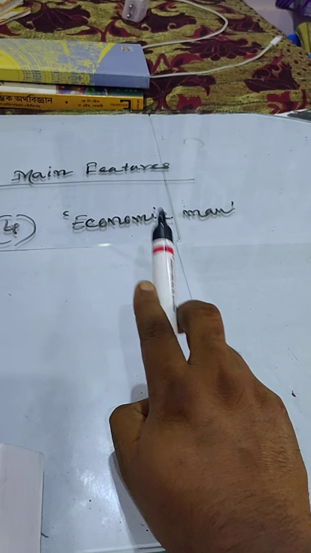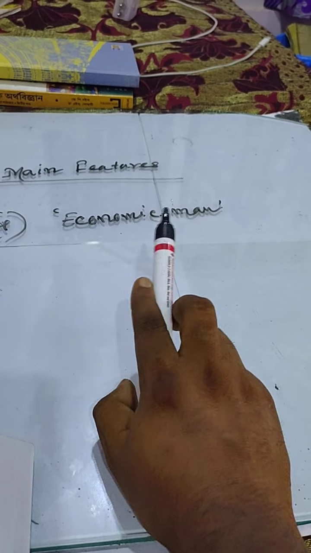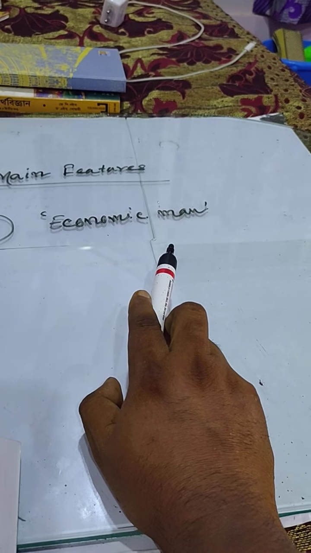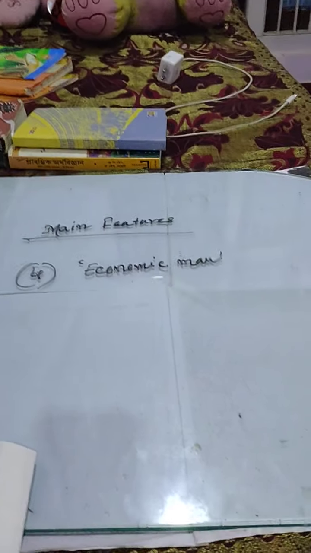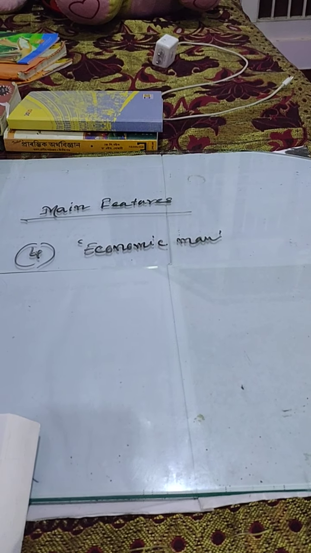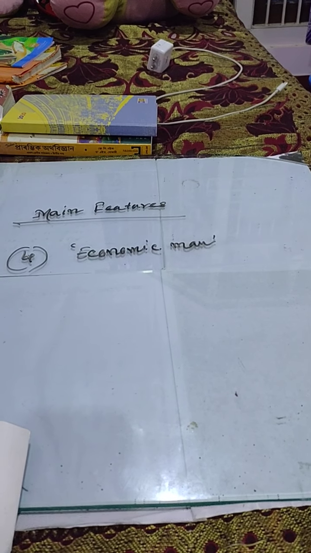That means a human being will perform his activities for his self-interest only. Such a man motivated by self-interest is called economic man. All economic activities performed by a human being in his lifespan are for his own interest or self-interest, and such a person is called economic man.